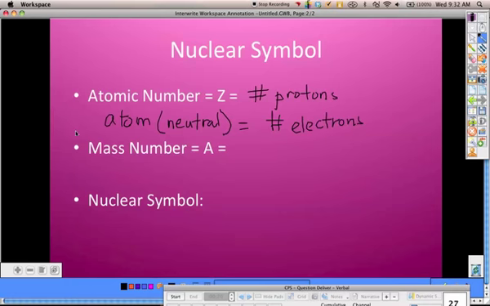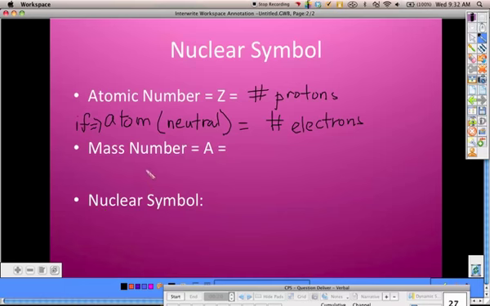This is only if we have an atom. In what situation wouldn't we have an atom? When we have ions. We're going to talk about that very soon. Thank goodness for ions, otherwise we wouldn't have table salt.